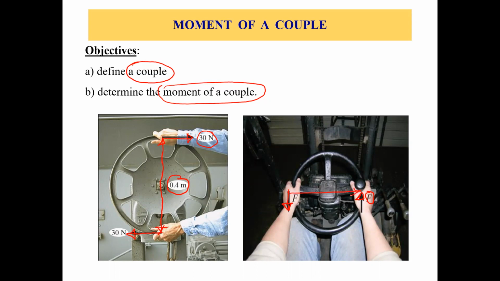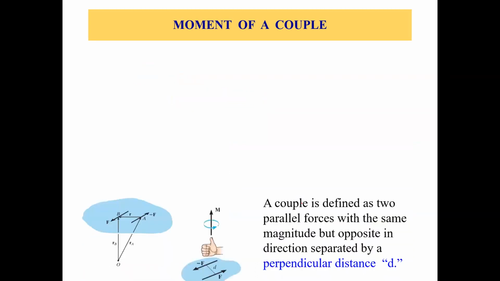So that's a couple. Although these two forces are equal and opposite, they're creating some moment, some rotation in this steering wheel. So that's how moment of a couple works. All right, so let's move forward.